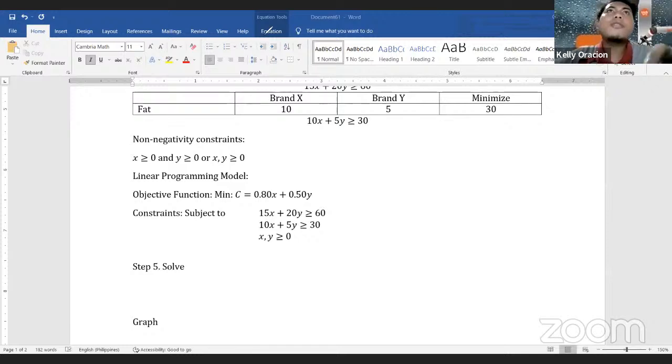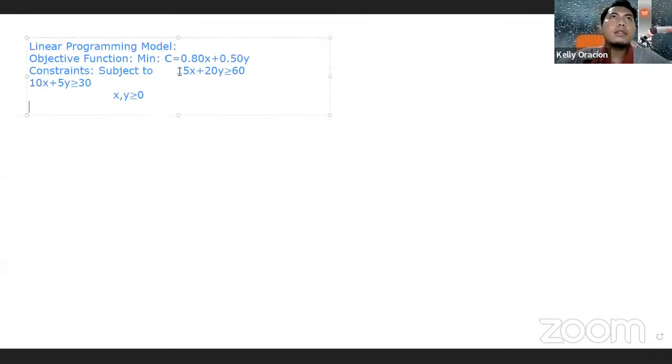Okay, let's proceed to the virtual whiteboard. This is the linear programming model. Sir, are the rules the same? Yes, similar.